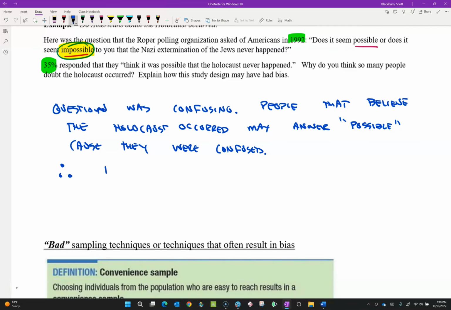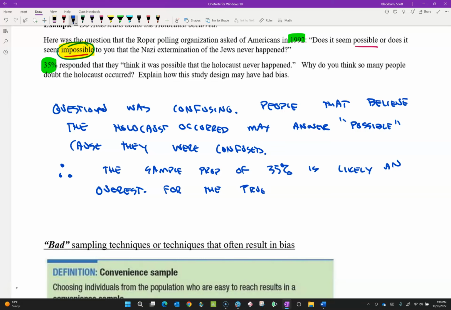Therefore, the sample proportion of 35% is likely an overestimate for the true percentage, the true population proportion of people that think the Holocaust didn't occur.